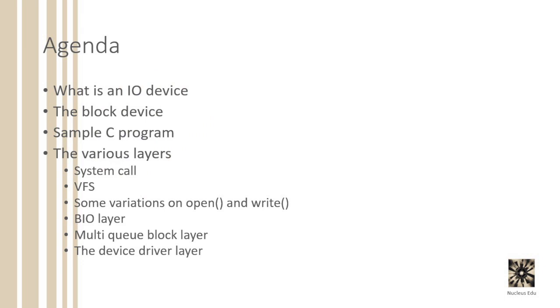Right, so the agenda for this video is first we're gonna describe what an IO device is. It may sound like a simple question, but when you're describing an IO device, the direction is involved, right?